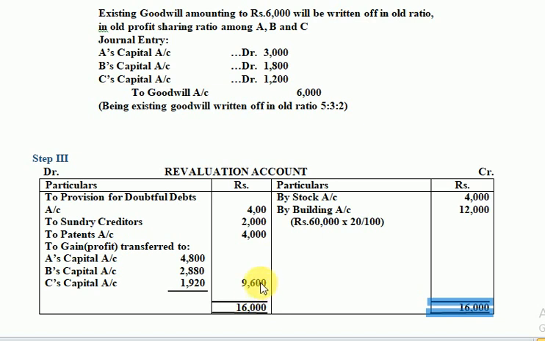And this is to be distributed between all 3 partners A, B and C. This is another difference from admission of a partner, where the profit was distributed among the old partners and nothing was given to the new partner, whereas in retirement all 3 are old partners, so this profit is always distributed in old ratio 5:3:2. So this is our step 3 completed.